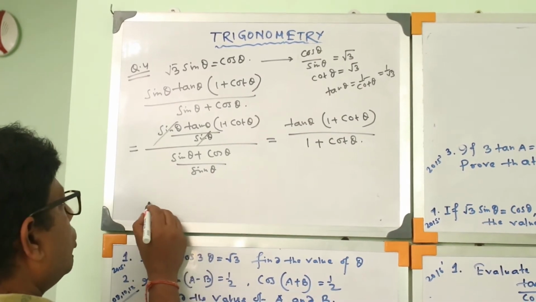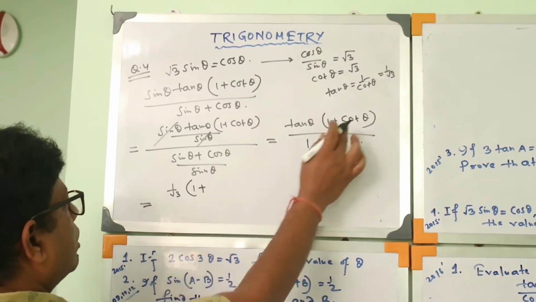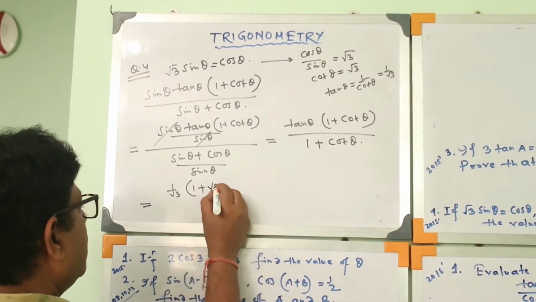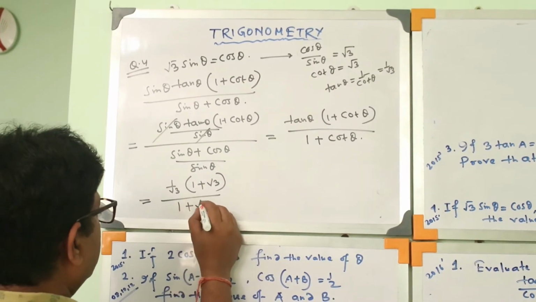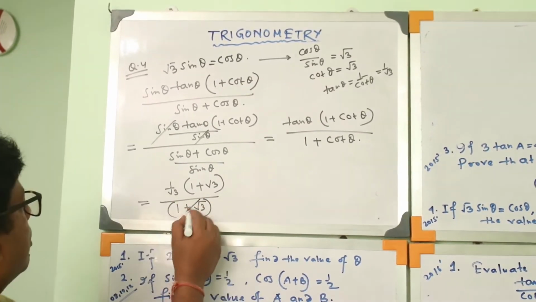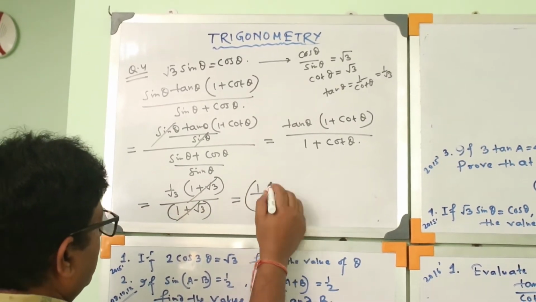So by putting this value, tan theta is equal to 1 by root 3, 1 plus cot theta means root 3. 1 plus cot theta cancels, ultimately you will get 1 by root 3.